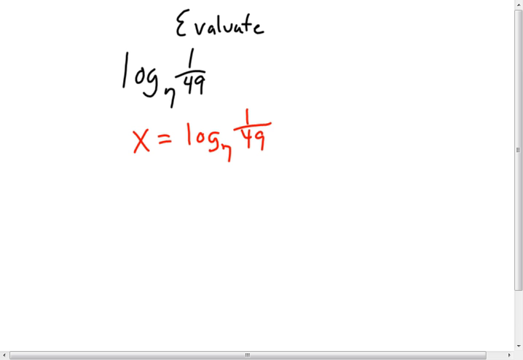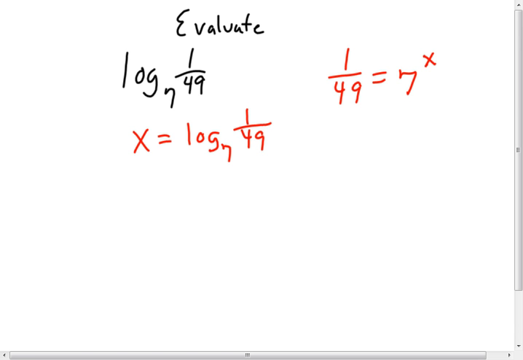Because remember, what we're trying to find in evaluating this, we're trying to find the exponent. In other words, we're trying to find out what exponent goes with the number 7 to make the answer equivalent to 1 over 49. So that's what we're trying to solve for. We don't know the exponent.